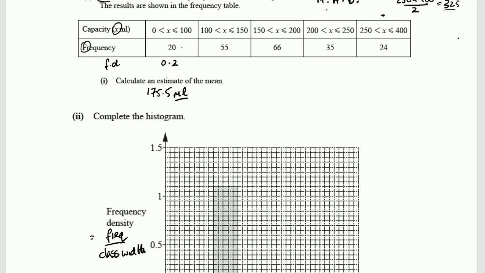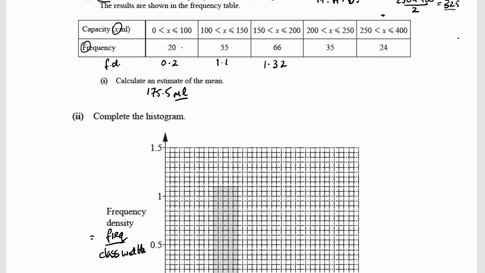Over here I would have to do 55 divided by the class width, which is 50. So 55 divided by 50 is getting me 1.1. Over here it's 66 divided by 50, which is getting me 1.32.